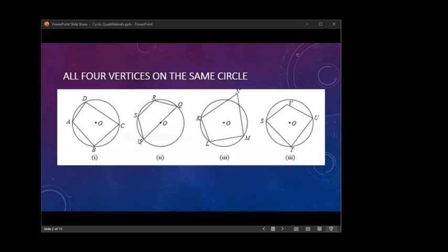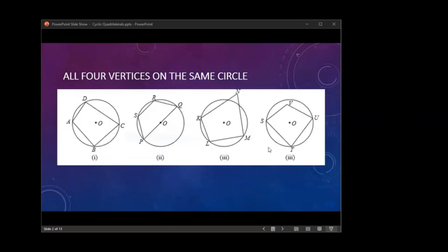That's it. If you look at the second diagram, P, Q, R, S, all the vertices lie on the same circle, so that is also a cyclic quadrilateral. In the third diagram, K, L, M lie on the same circle, but N does not, so it is not a cyclic quadrilateral.